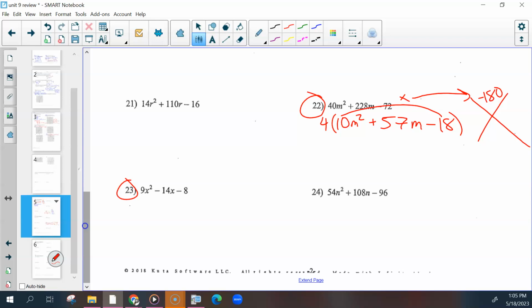And now you're looking for two numbers that multiply to be negative 180, but also add to 57. Think about obvious ones before you start going through all of them, like 5 would work, 10 would work. Maybe start there and go up or down.